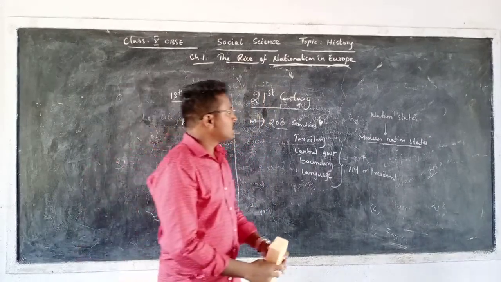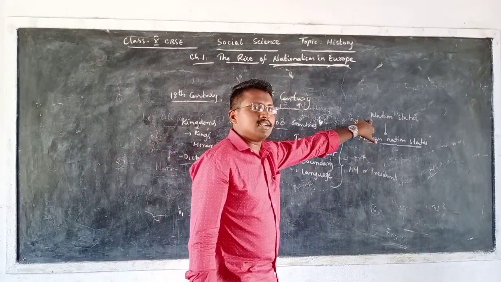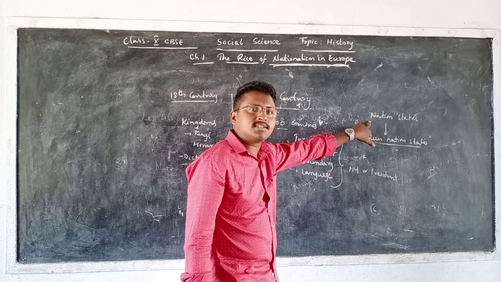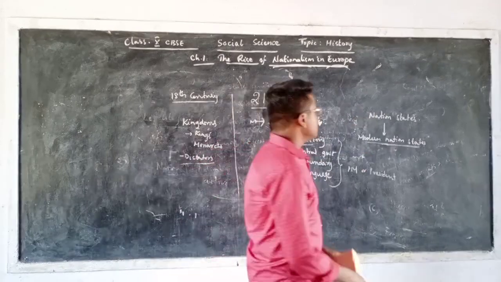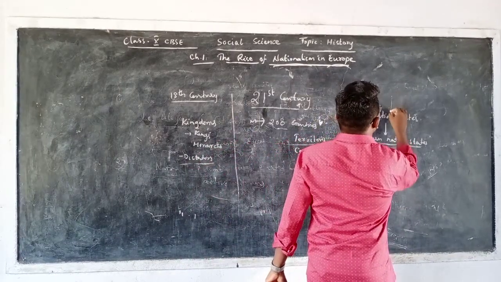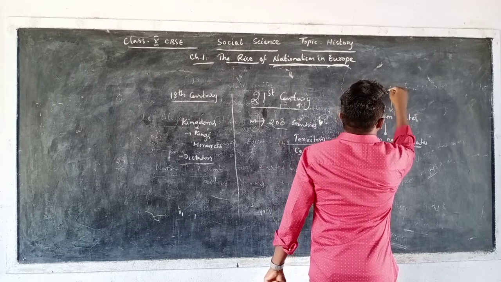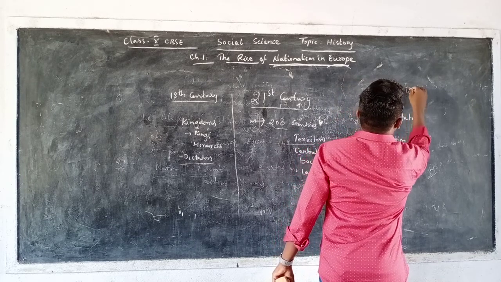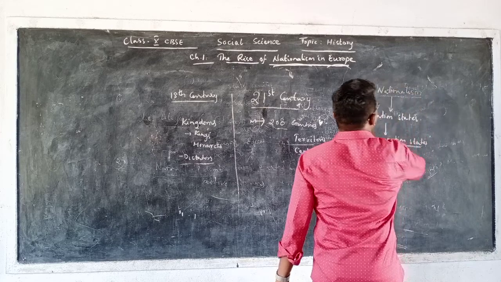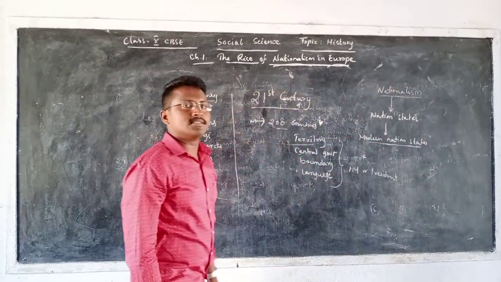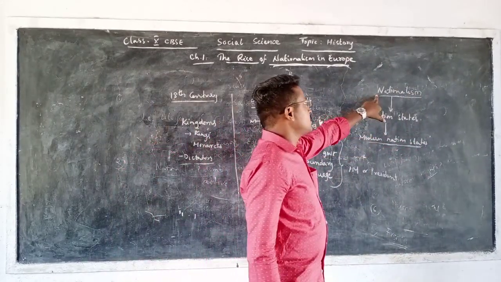Then you may ask, how did these nation states emerge? They emerged because of something known as nationalism. So here comes the main concept which we are going to discuss, that is nationalism.